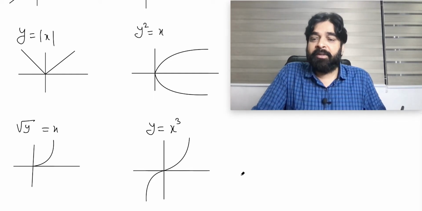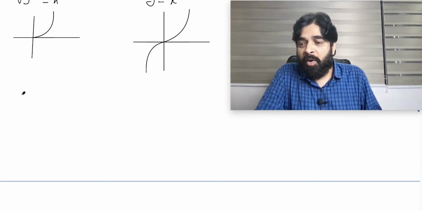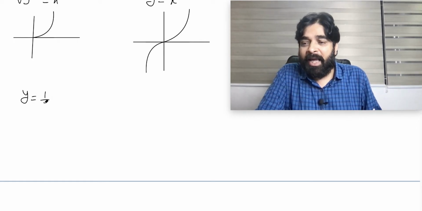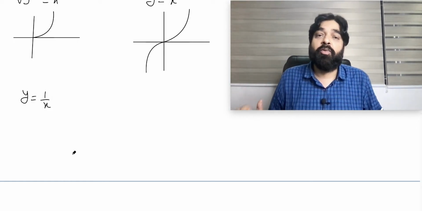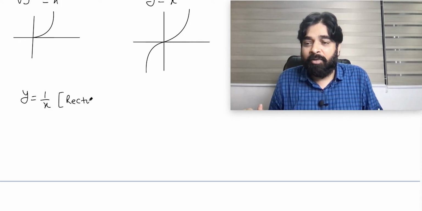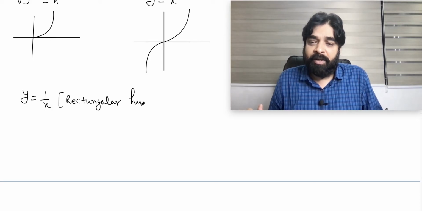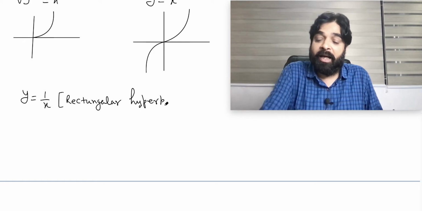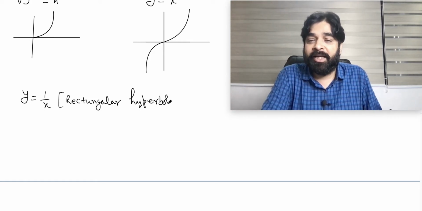Am I right? Next, y equal to 1 by x graph. The name of this graph is the rectangular hyperbola. What a rectangular hyperbola is and all those things we'll see at a later stage.